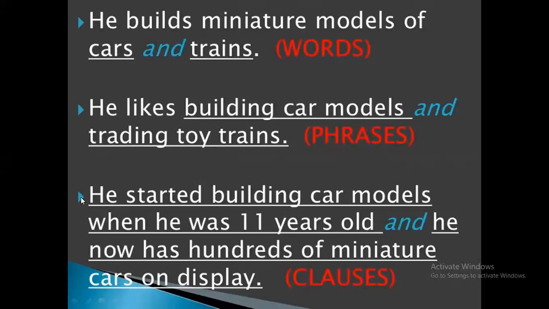Okay. Compound sentences. So clauses: he started building car models when he was 11 years old. So here started is there. This is a finite verb. So this is a clause. And another clause is he now has hundreds of miniature cars on display. So this word here, has, is a finite verb.